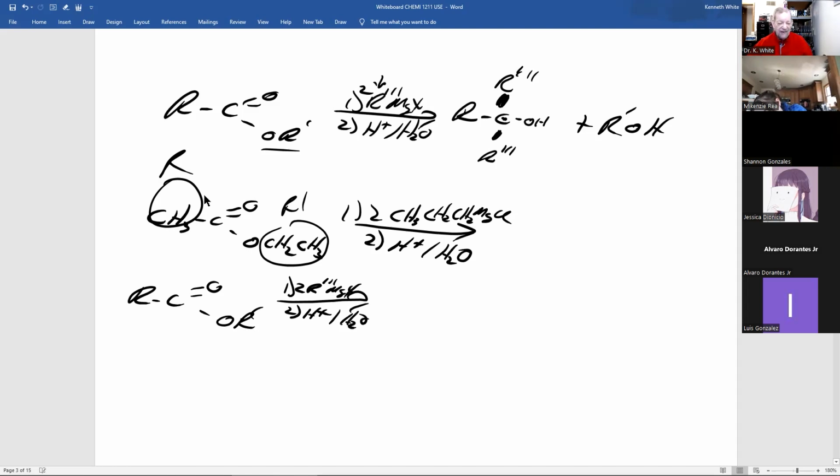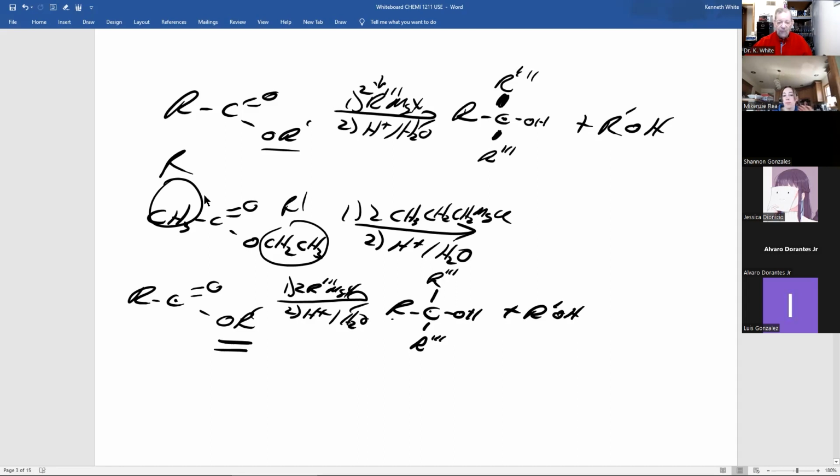And keep your eye on the carbonyl carbon because that's where the fun is. And that becomes an alcohol. What's attached to it, R, is still there. And you make not 1, but 2 carbon-carbon single bonds. And then this becomes this alcohol. So you're making 2 alcohols.